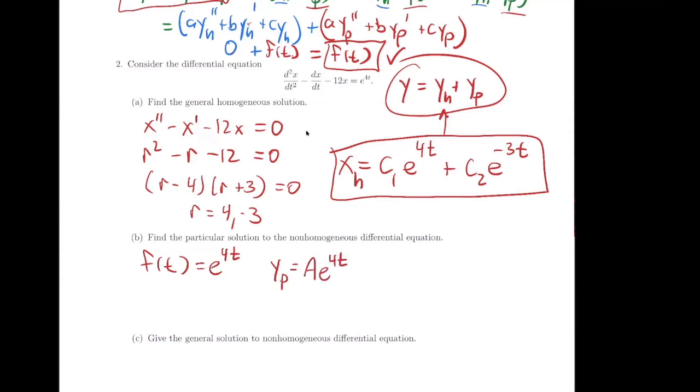Okay, and do we have resonance here? Yes, we do. That's right. So we just commented that this would be a homogeneous solution. So our initial guess is going to be a homogeneous solution. So plugging that into the differential equation would give me 0, not e to the 4t. So then we need to multiply this by a power of t.